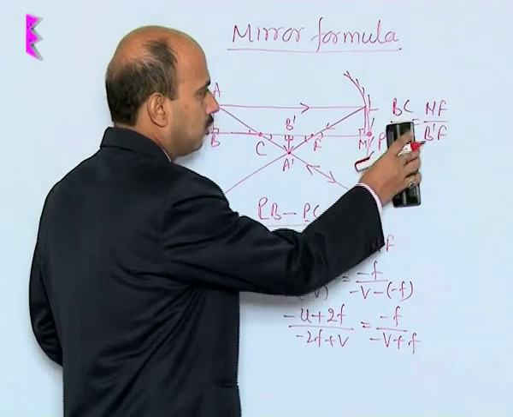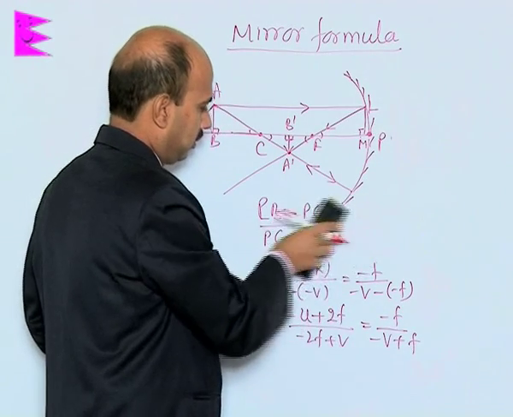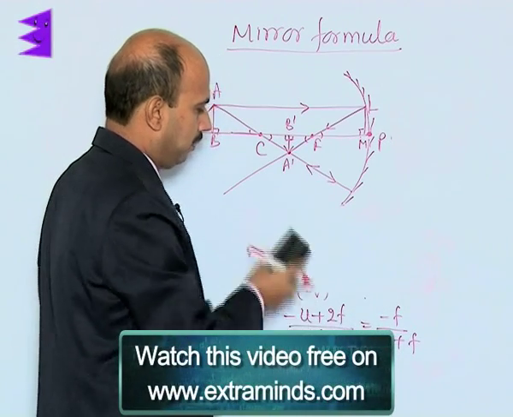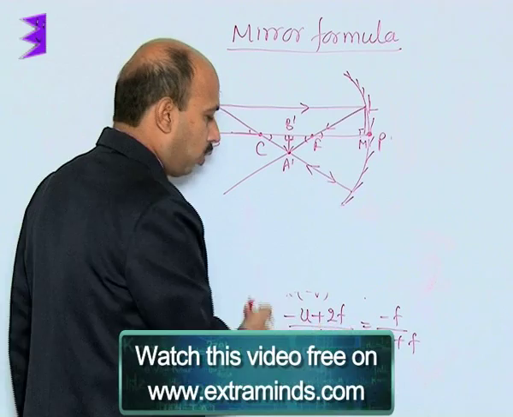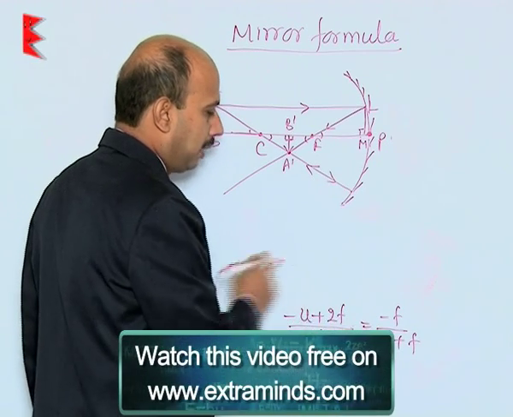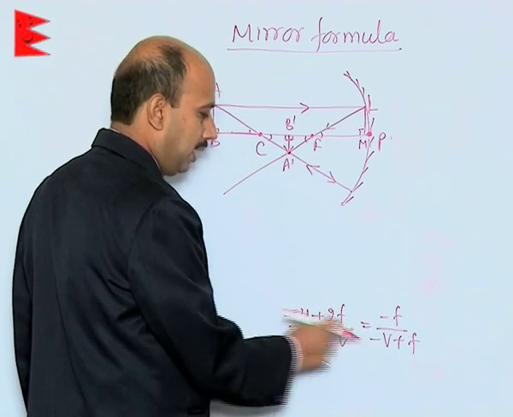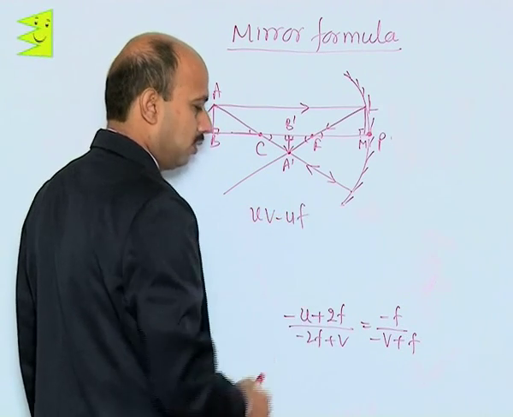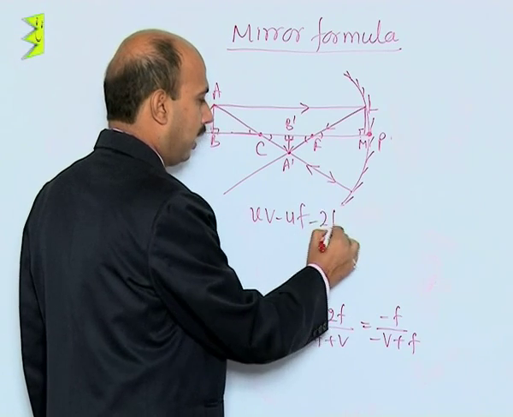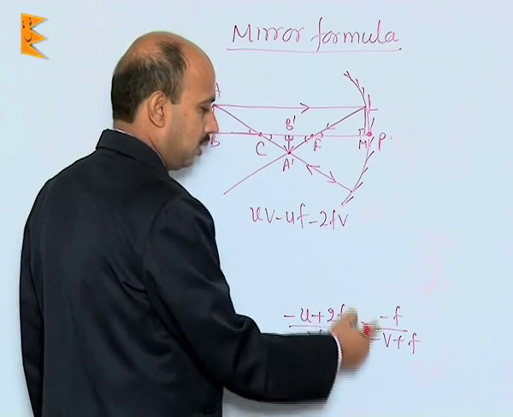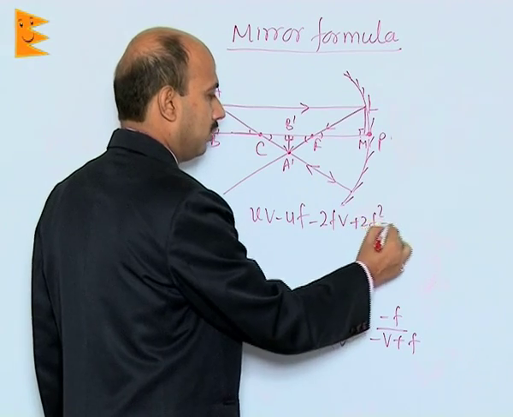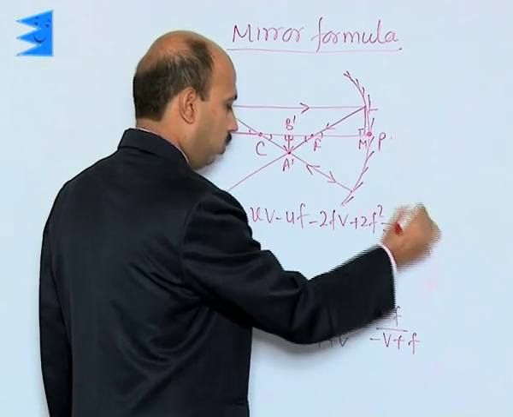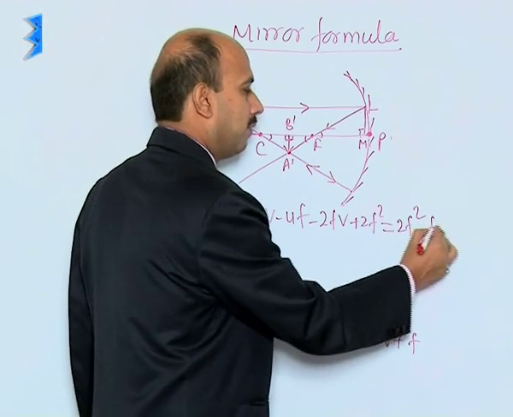We can go for further solving of this. We just cross multiply here. When you cross multiply, you get minus u times v, this we can write as uv, and minus uf, then minus 2fv, and plus 2f squared is equal to, and this will be multiplied with this one, that can be written 2f squared minus fv.